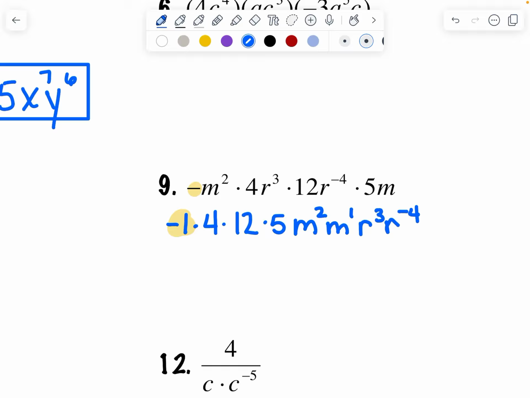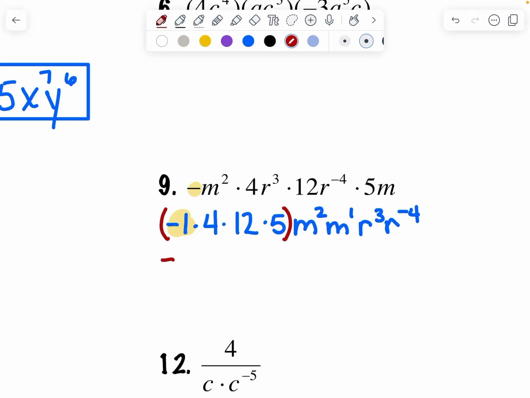And now I'm going to multiply my numbers. So if you look at it, they're nice and neat right up front, and then I'll multiply them together, and then I'll multiply the powers together using my addition rule. So I have -1 times 4 times 12 times 5. Well, that's a number, right? I think that's 120 times 2. I think it's 240.